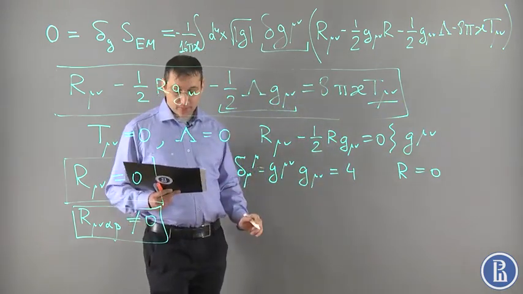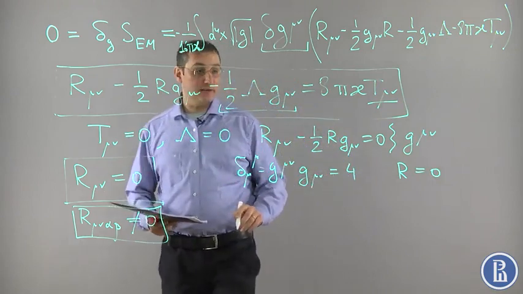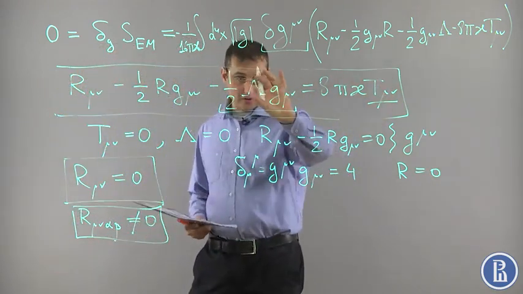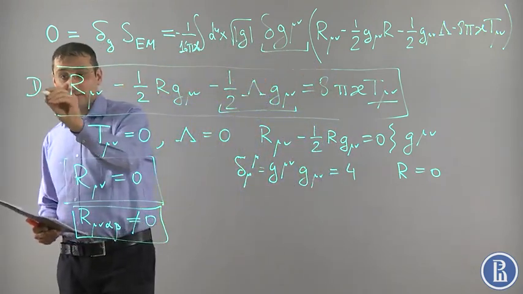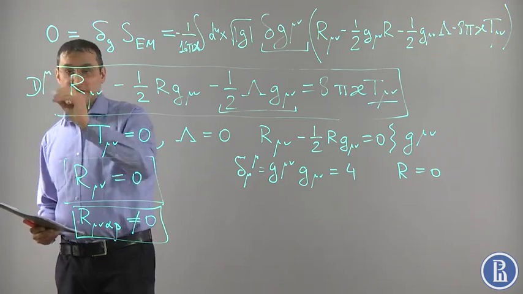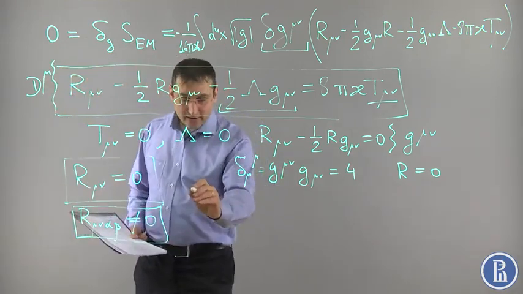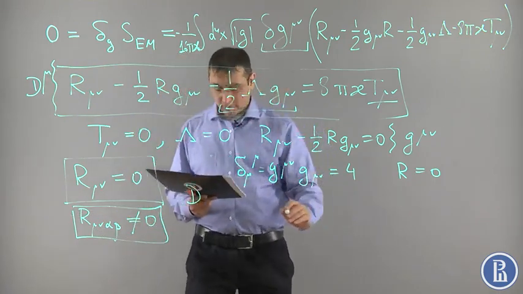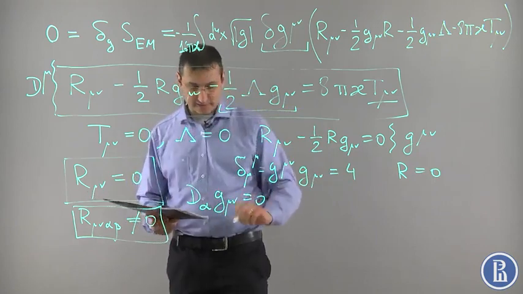And another point that we want to make: let us take the covariant derivative of both sides of this equation. Have in mind that the metric tensor is covariantly constant, even without contraction of indices, this is 0.